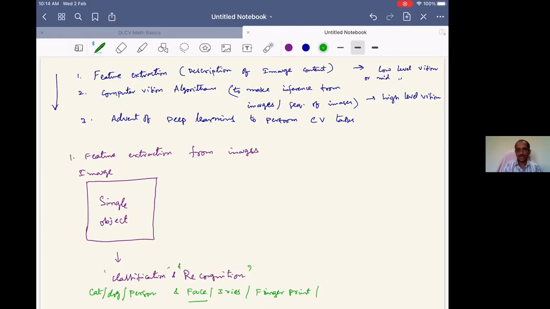Say if I give you an image patch and ask whether there is a person or not, that's my only objective. In that case, I put it as a classification problem. Car, dog, person, if I want to separate them, that is also a classification problem. But if I want to specifically find out where this particular person is, or whether this face belongs to this particular person or not, we are saying it is recognition.